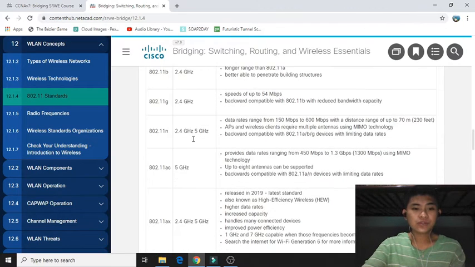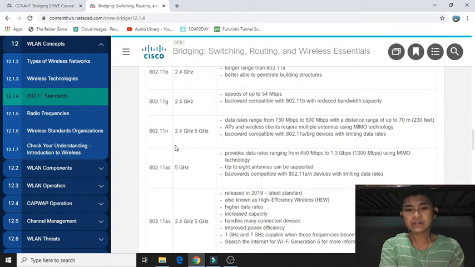Next is the 802.11g, which has a radio frequency of 2.4 GHz and speeds of up to 54 Mbps, and it is backward compatible with 802.11b with reduced bandwidth capacity. Next is the 802.11n, which has a radio frequency of 2.4 GHz to 5 GHz.